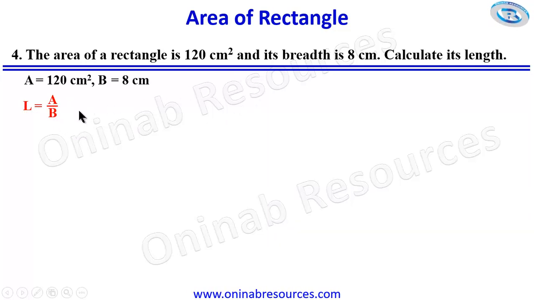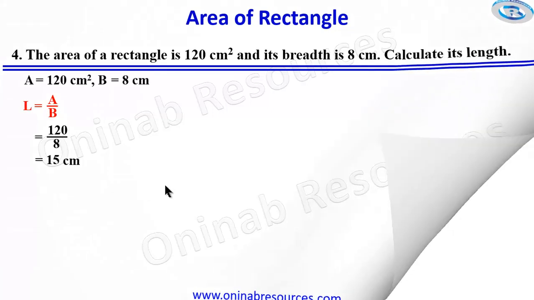So we are going to have 120 divided by 8. 8 goes into 12 one time, remainder 4. 8 goes into 40 now will give us 5. Therefore, 120 divided by 8 gives 15 centimeters, which is the length of the rectangle. That's all for problem 4.